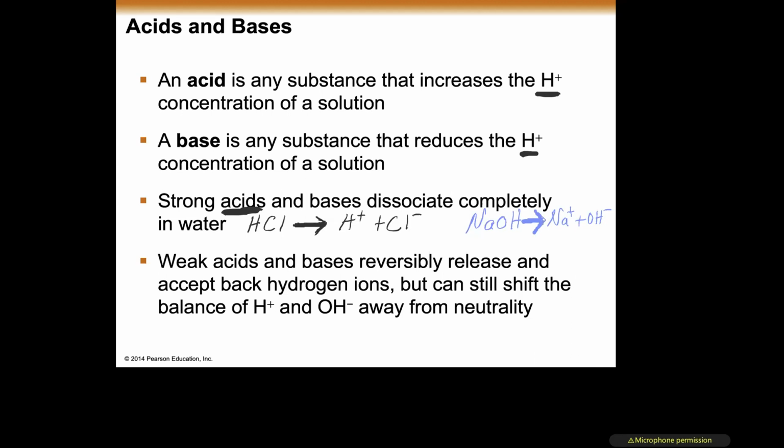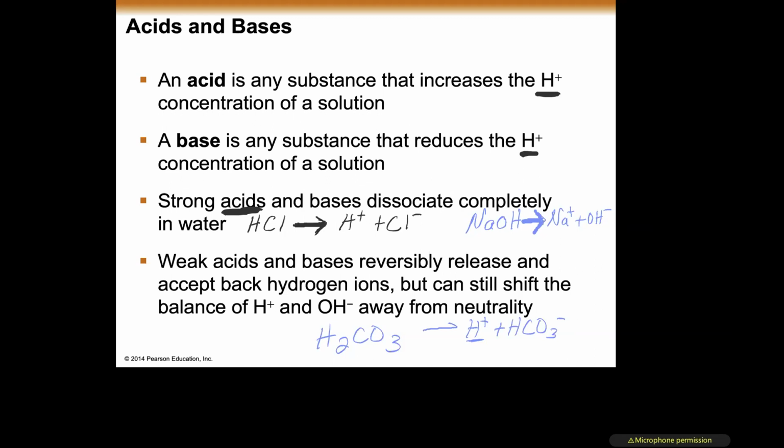Carbonic acid, H2CO3, is going to dissociate an H, boom, and become HCO3 minus. When it does that, it causes a solution to become acidic because there's free floating hydrogen protons.